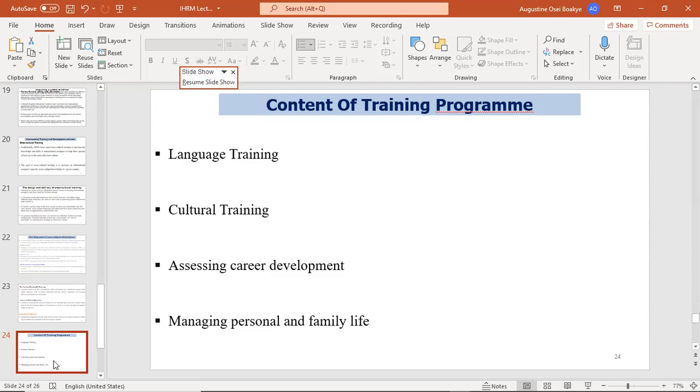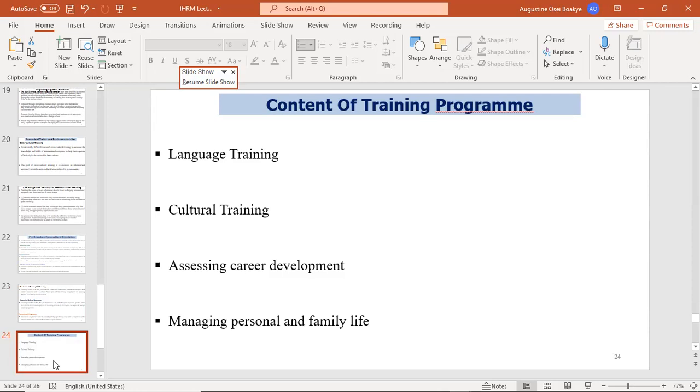In assessing career development, there is the need for the workforce to be properly directed on how they can progress on their career ladder, and how they will be in a position to manage personal and family lives. Most of these people, especially those that go on international assignments, are sometimes torn between going with their family or leaving them behind.